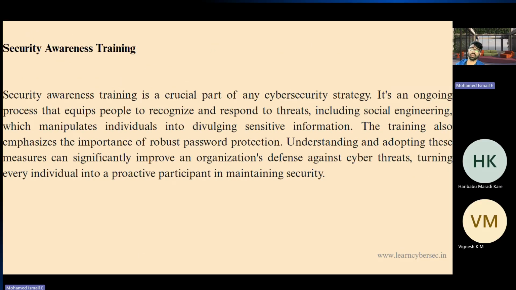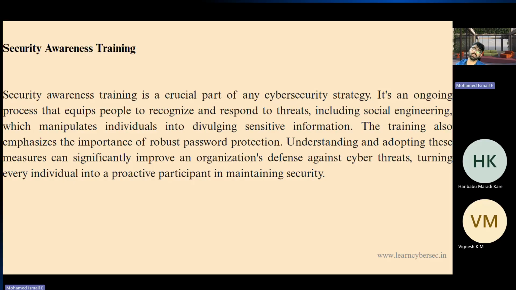Security awareness training: on top of all the security controls, whether physical control or logical control, right? The weakest link in cybersecurity is the human, and security awareness training will improve the security posture of the company.